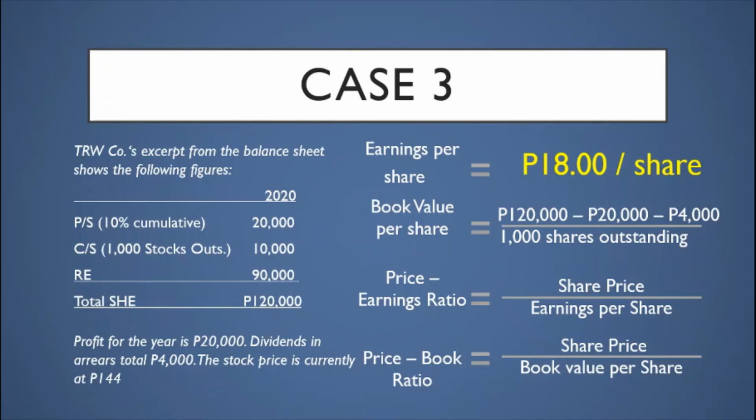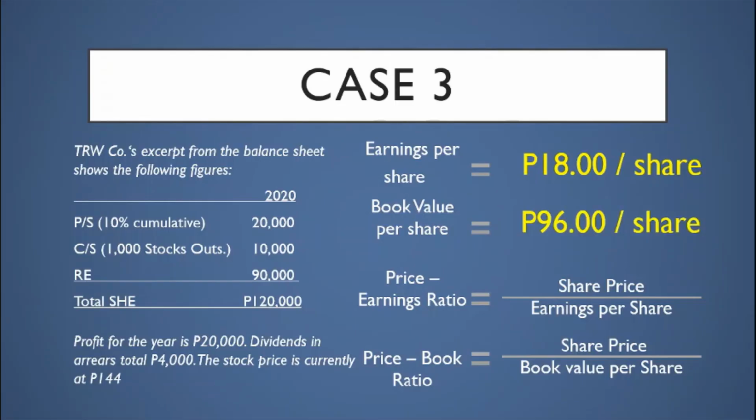All of this divided by the 1,000 shares of common stock outstanding. This will give you book value per share of 96 pesos per share. Interpretation: if we are going to distribute the book value of the common equity to each outstanding share, it will be equivalent to 96 pesos per share.